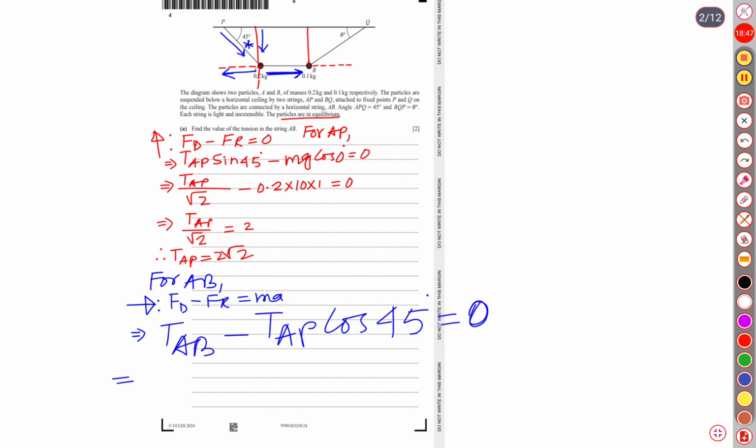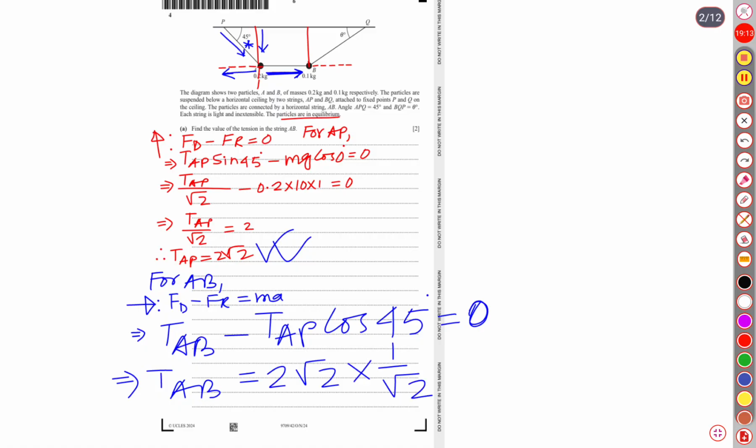Then tension in AB is equal to tension in AP, which has already been obtained, which is how much? 2 square root over 2. So 2 square root over 2, and cos 45 is 1 over square root over 2.